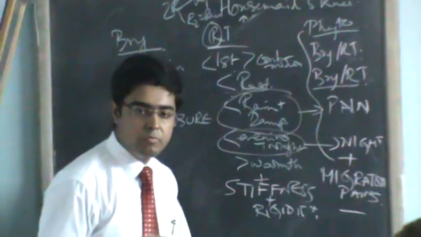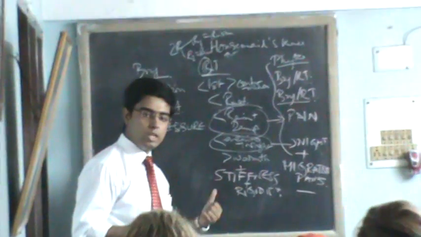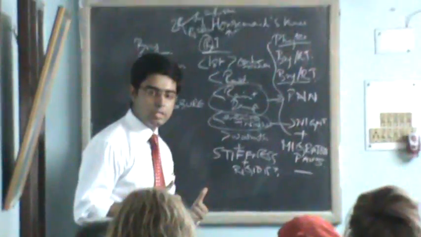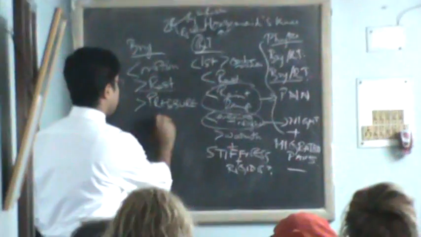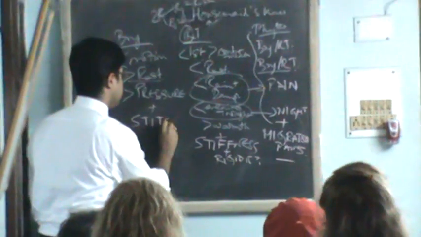How? Phytolacca will have that migratory character of the pains. Your Rhus tox will have lots of stiffness and rigidity, which I mentioned, if you remember, that there is lots of stiffness and contraction. And in Bryonia we have the characteristic stitching type of pains.